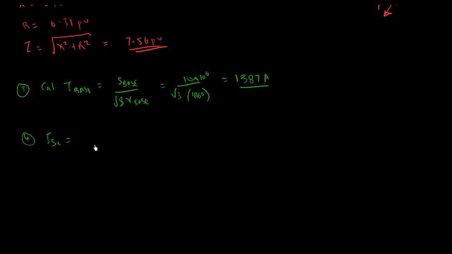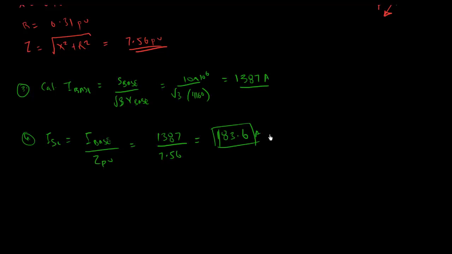So now you have your values to plug into your short circuit current formula, which is I base over Z per unit. So let's look at that. That's 1387 amps over 7.56 per unit, which should give you a value of 183.6 amps.